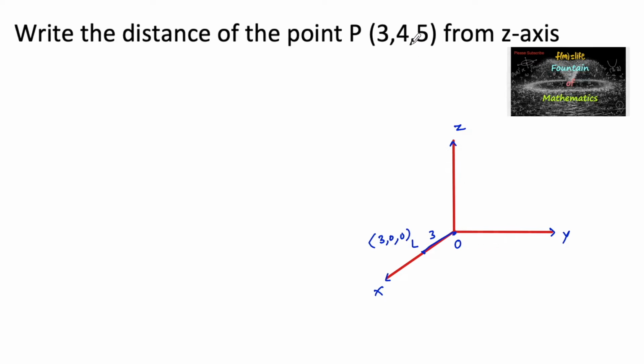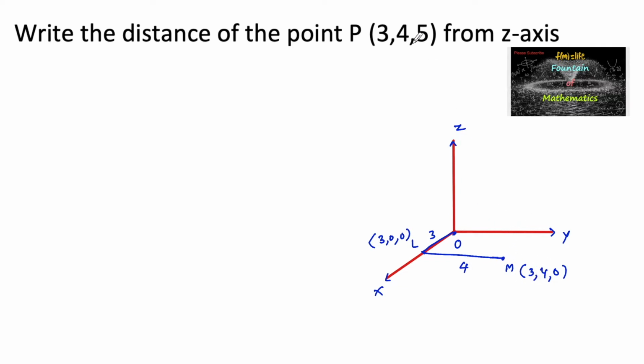And the next y is equal to 4. Let us draw the parallel line to y-axis of length 4 units. Say this point is M. So we have (3, 4, 0), because on xy plane z coordinate is 0 and x coordinate is 3 and y coordinate is 4.